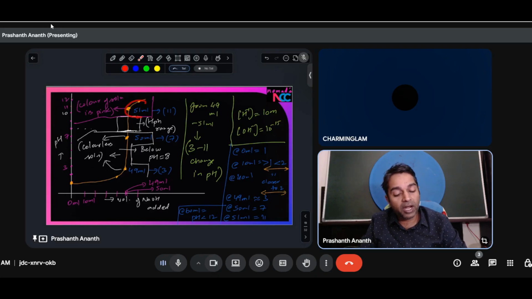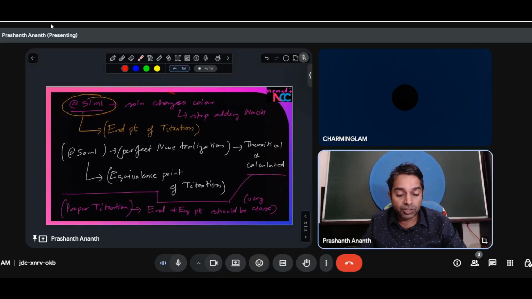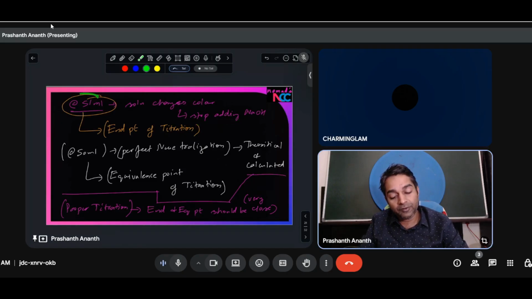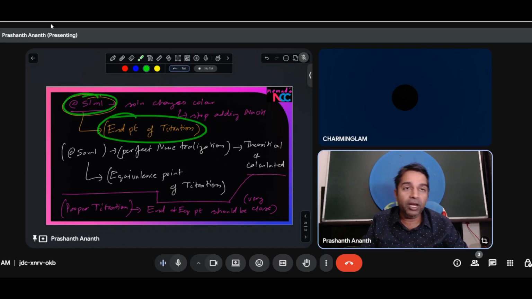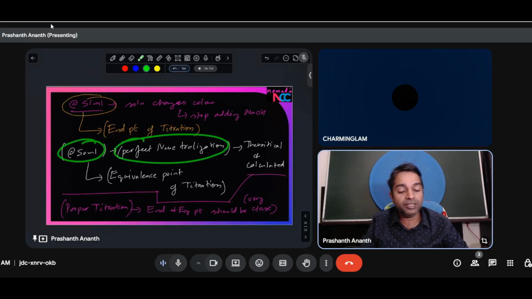But at 51 ml, we are going to be seeing the color of the solution as pink. So we have two separate conditions over here. At 51 ml, when the solution changes color, we stop adding NaOH. So that particular 51 ml is called the end point of the titration, whereas at 50 ml, we have perfect neutralization happening.